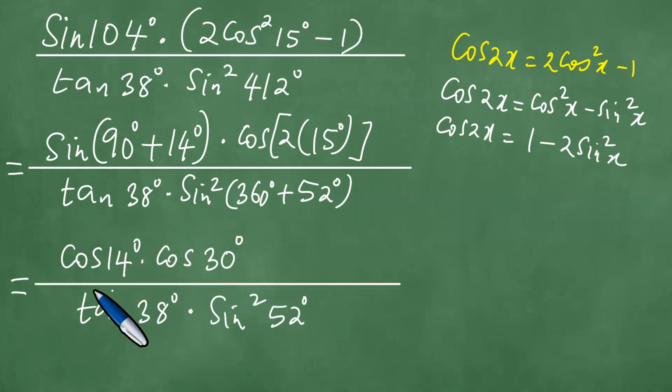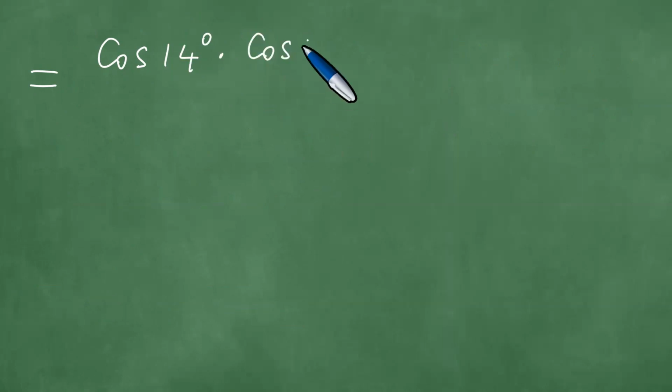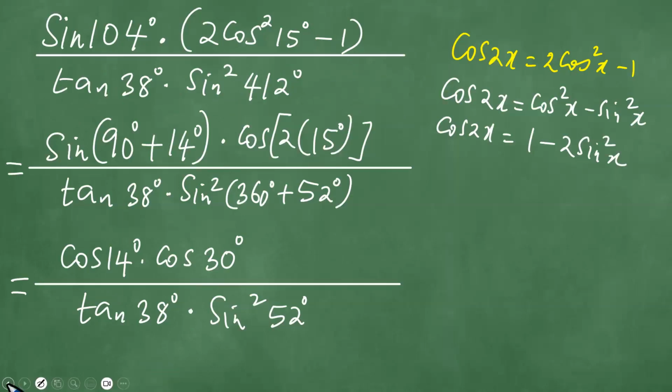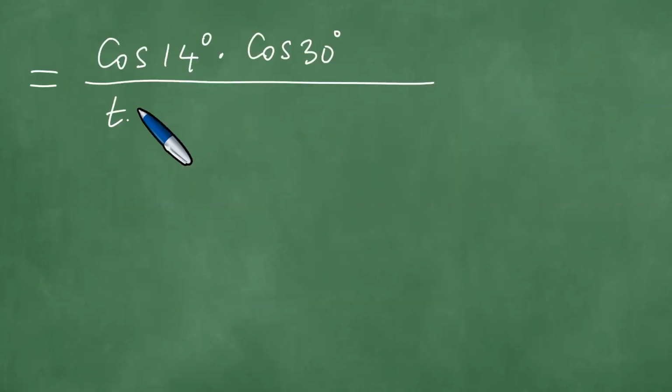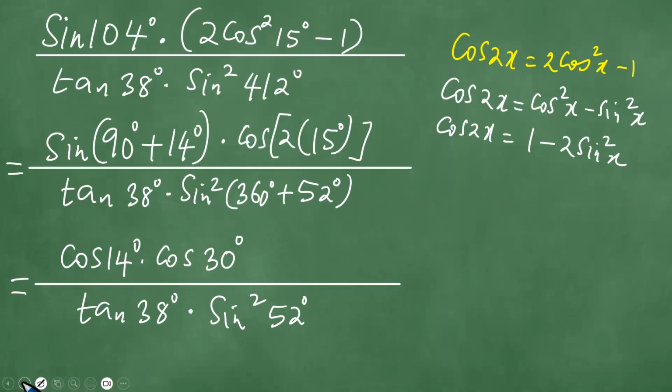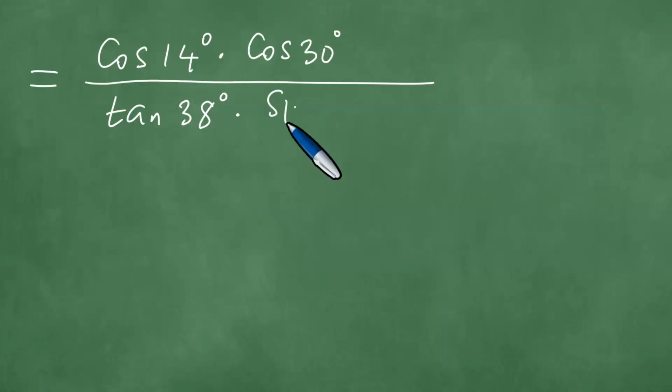So in the numerator, we have cosine 14 degrees, cosine 30 degrees, which is tan 38 degrees, the sine squared of 52 degrees.